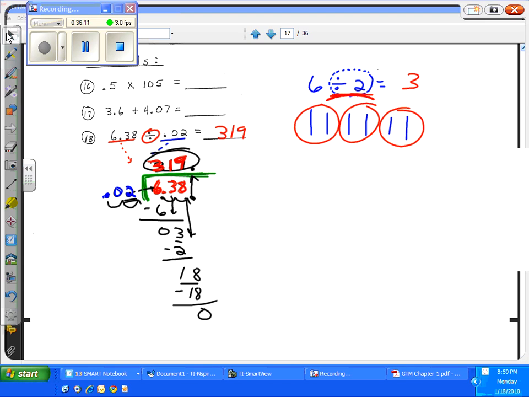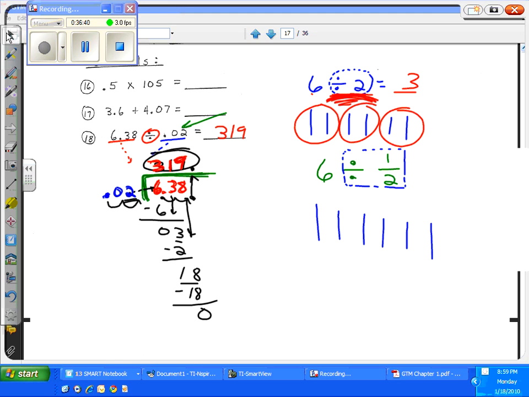So we're saying how many sets of 2 are in 6? 3 sets. If I had, and this isn't this problem, but it's one kind of like it, if I said 6 divided by 1/2, then what it would be saying to do is to take 1, 2, 3, 4, 5, 6 things and create sets of 1/2, not sets of 2.